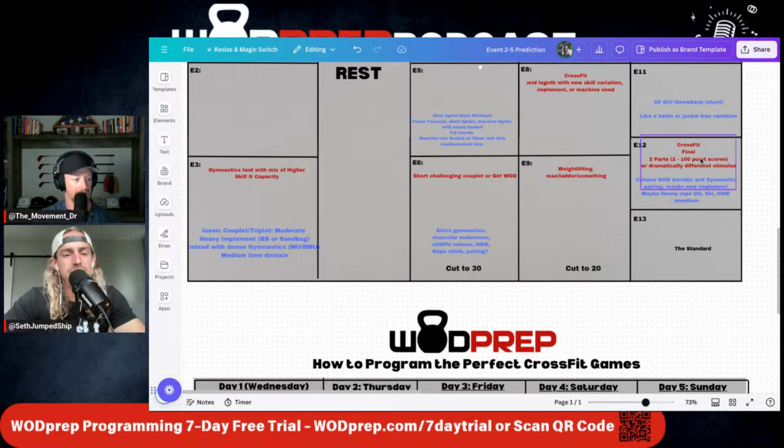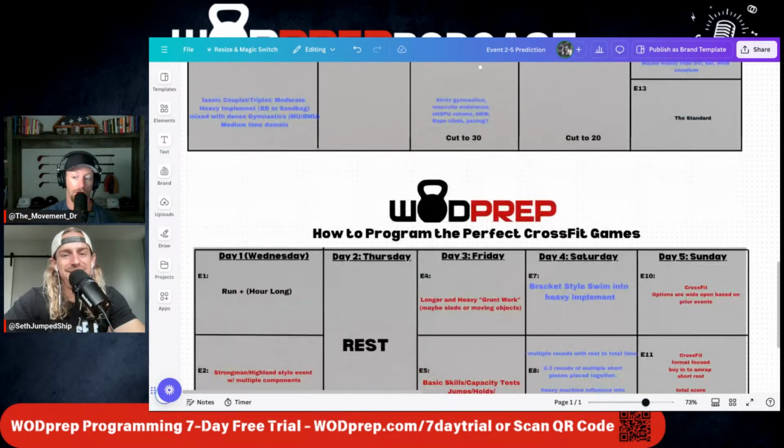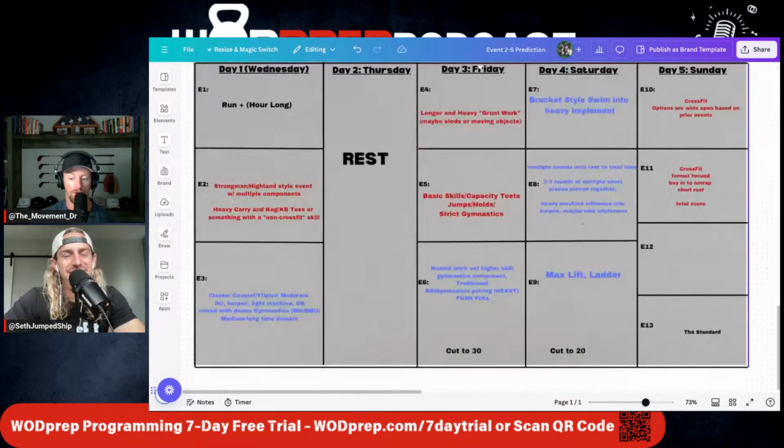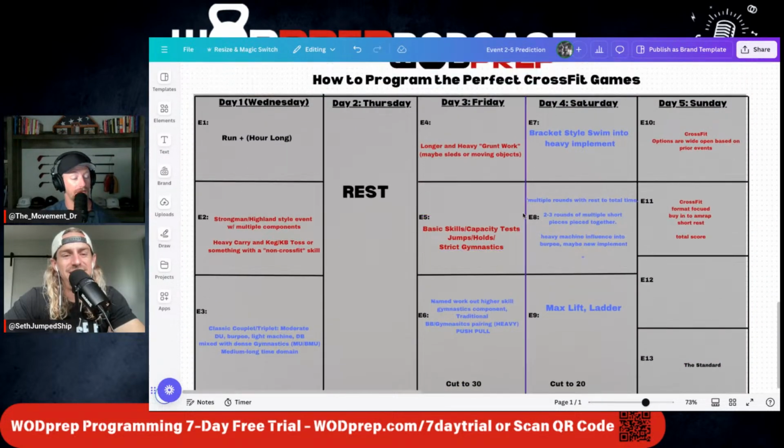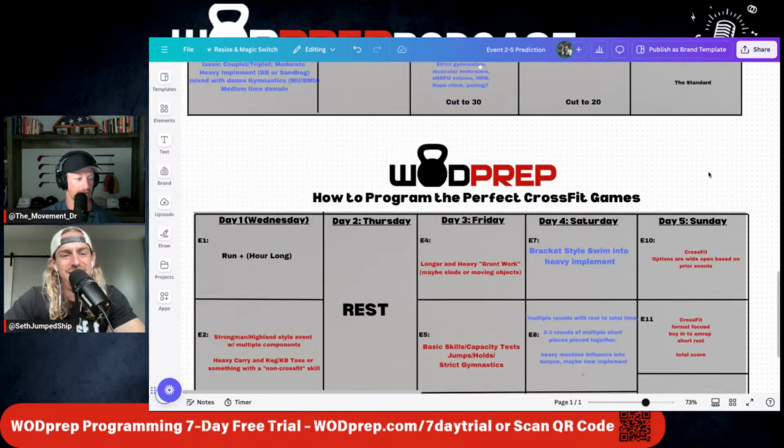And maybe there's no gymnastics component to it so that we can finish on either the standard or something like the semifinal finisher this year, which was such a great finisher, definitely a top 3 all time. And that could be ski into bar muscle up, which is such a savage pairing. To be able to press out on the bar muscle up after ski sprinting, it just falls out so quick.